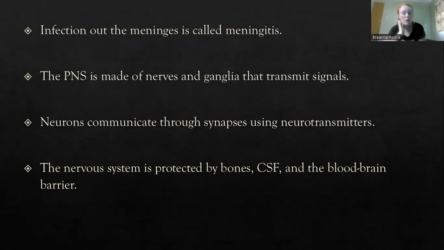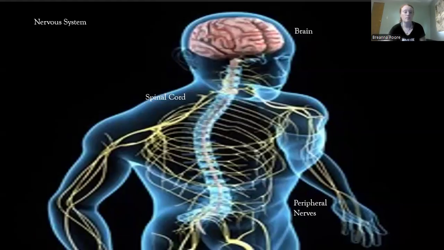The PNS is made of nerves and ganglia that transmit signals. Neurons communicate through synapses using neurotransmitters. The nervous system is protected by bones, CSF, which is the cerebrospinal fluid, and the blood-brain barrier.